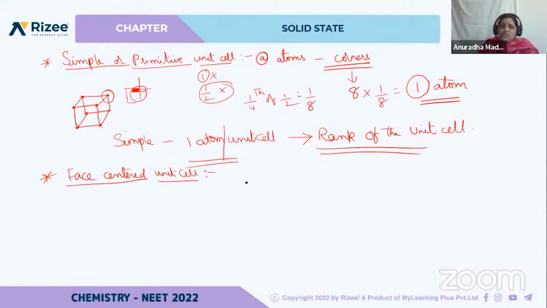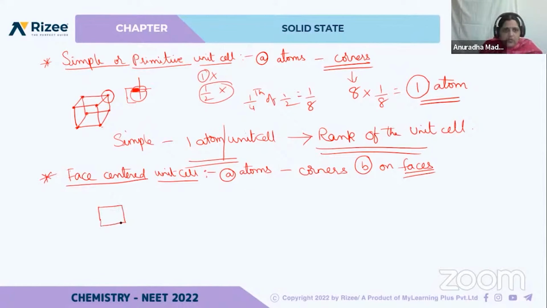In this face centered unit cell, atoms should obviously be at the corners as well as on the faces, at the center of the faces also. We understood how many corners: 8 corners. So take once again the cubic structure.